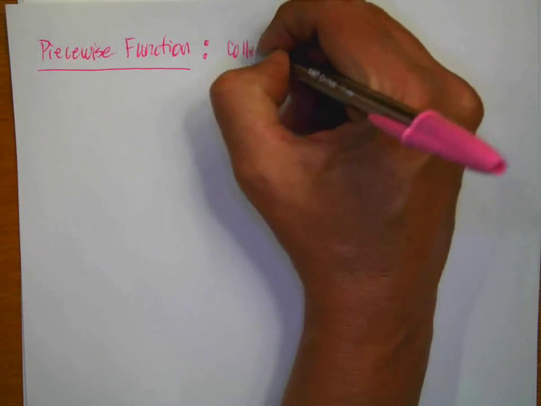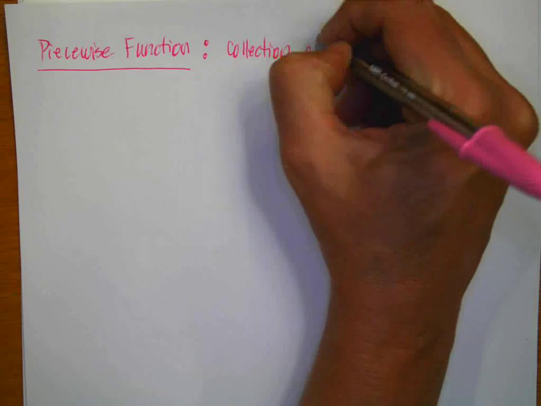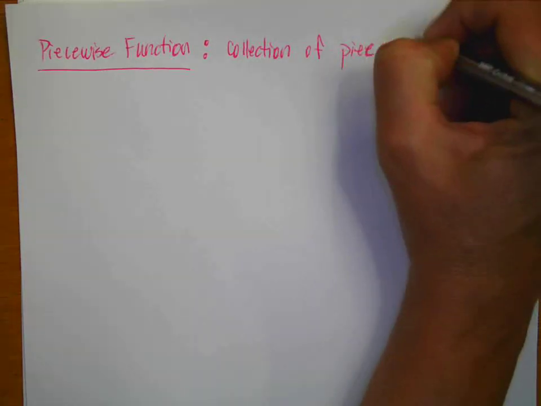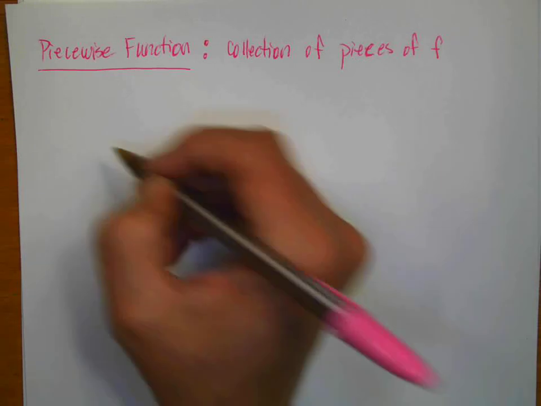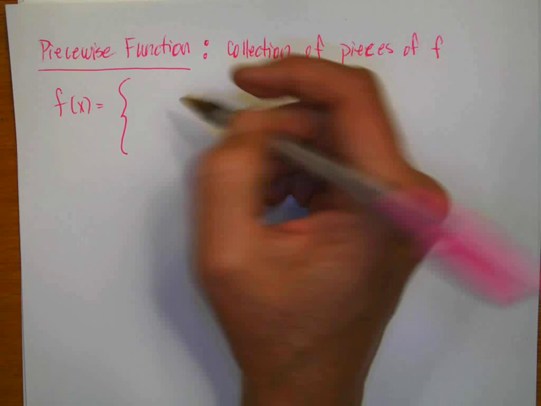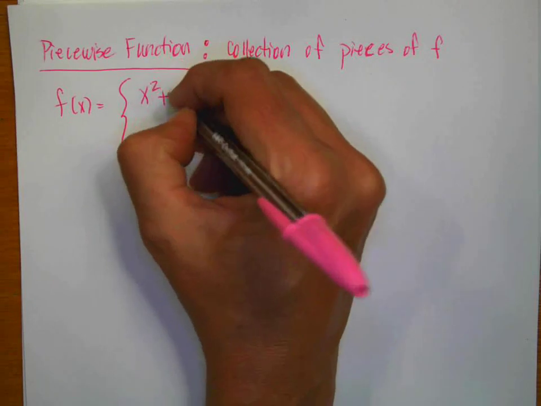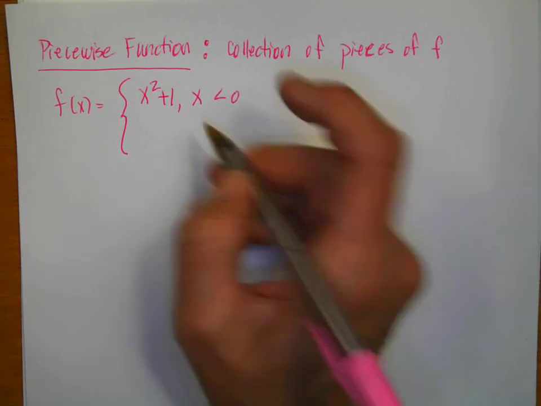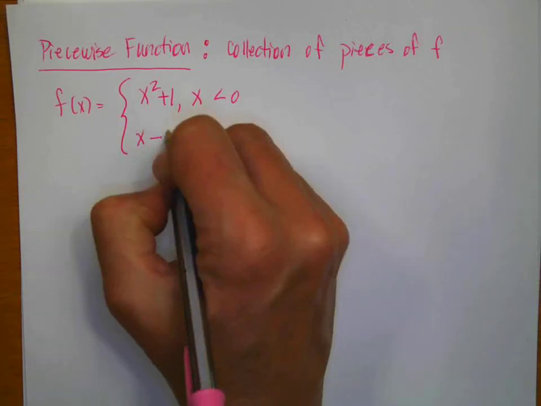A piecewise function is just a collection of pieces, that's a C, of a function, okay? They usually look something like this. You often see brackets, and you'll see here's a curve, and it only works if x is less than 0.